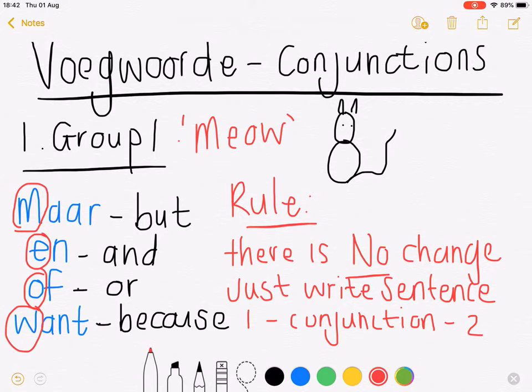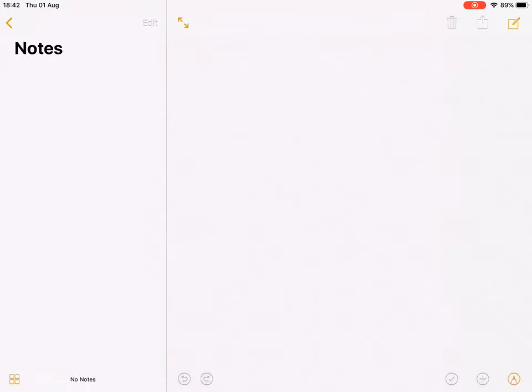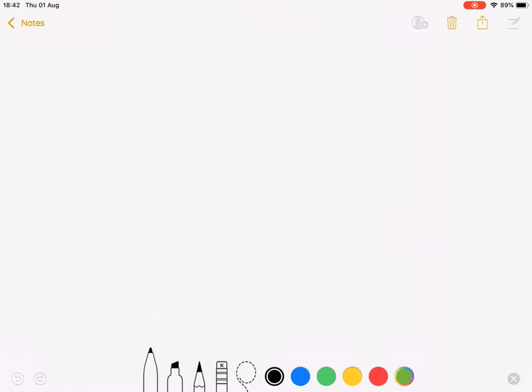That is all you are going to do for group 1. The only words that will appear in group 1 are maar, en, of, and want. Let's have a look at an example for group 1.